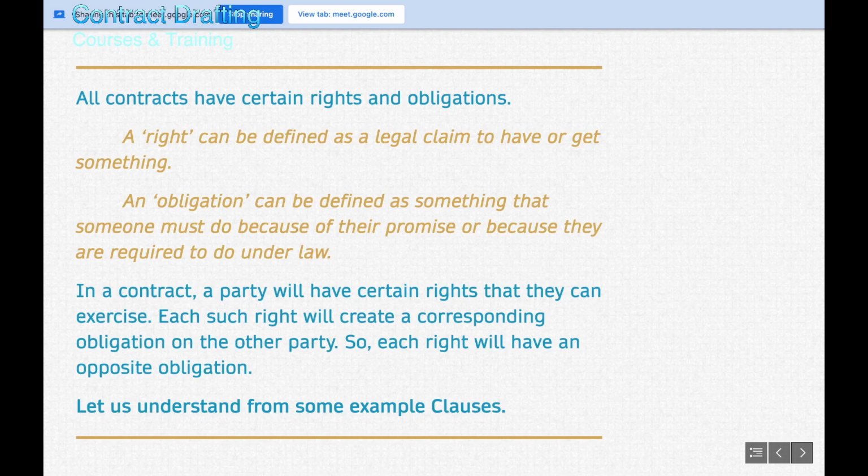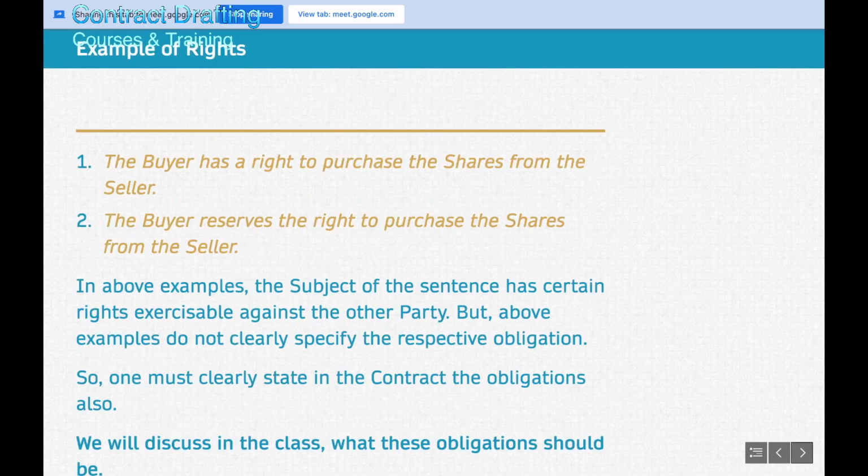So, let's see some examples. The first statement is that the buyer has a right to purchase the shares from the seller. The second one is the buyer reserves the right to purchase the shares from the seller. Now, both these statements are quite different.